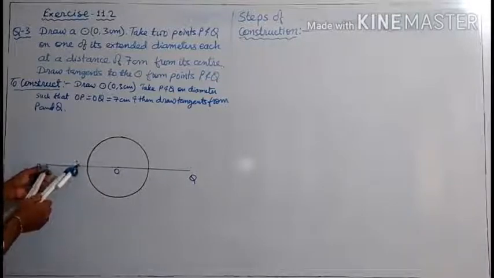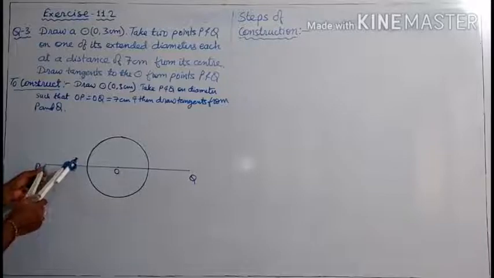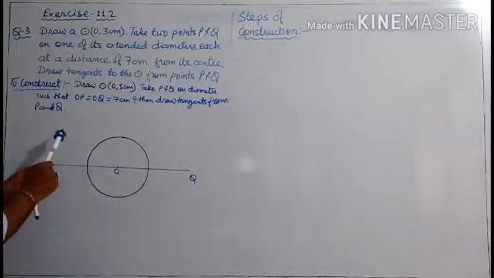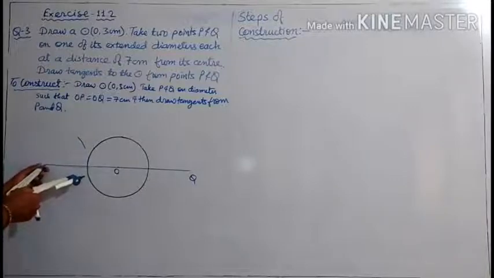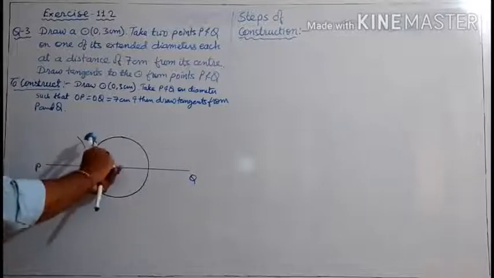So how to get the midpoint? To get the midpoint, we have to draw the arcs, taking P as a center in both the semicircle.